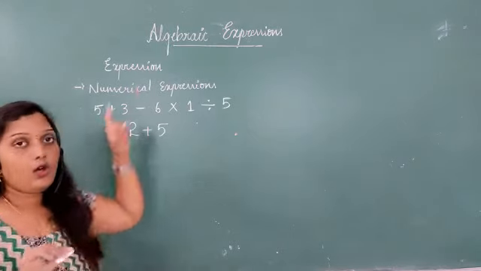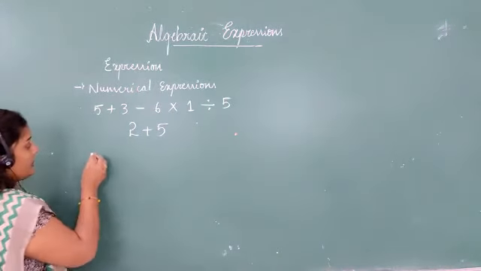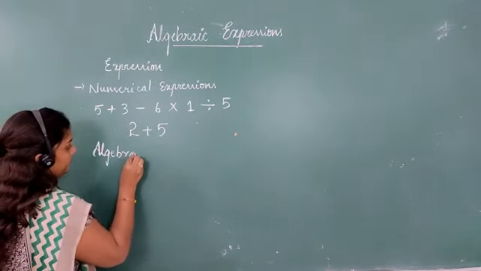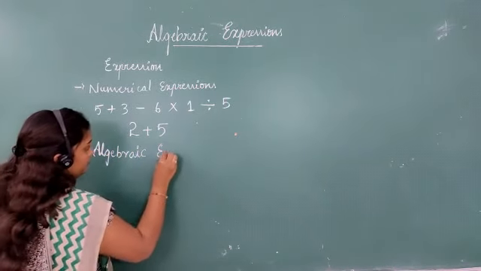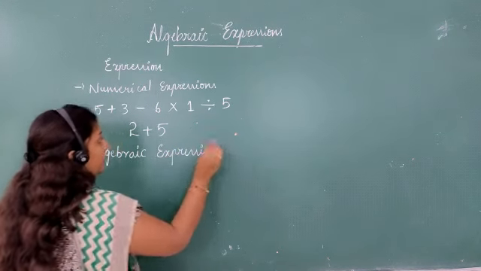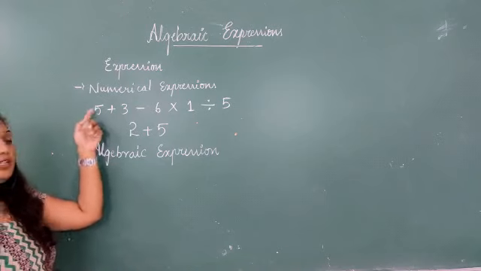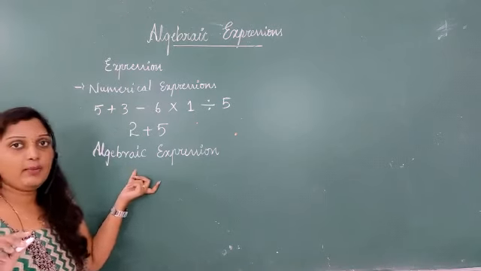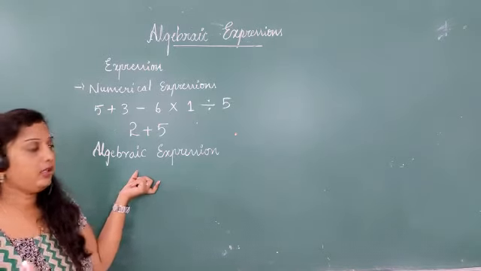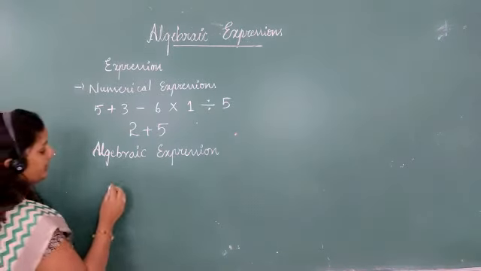The next one is algebraic expression. So what is an algebraic expression then? An algebraic expression is similar to a numerical expression, but in this we will have an unknown value or a variable. That is called an algebraic expression.